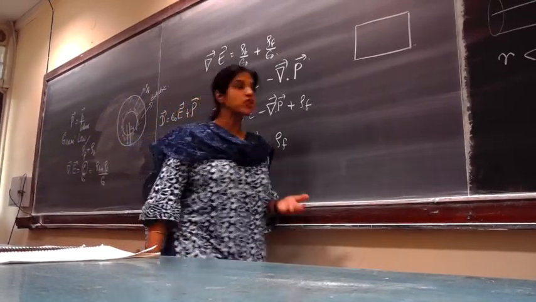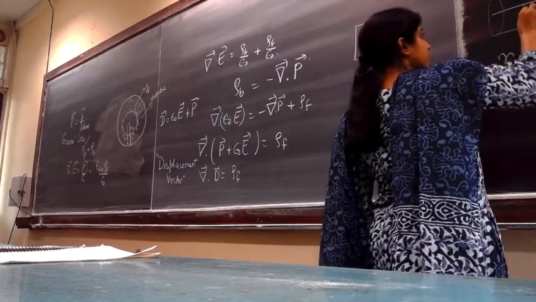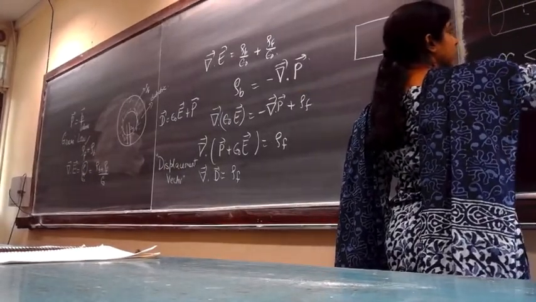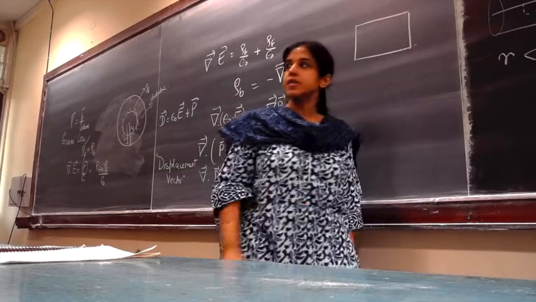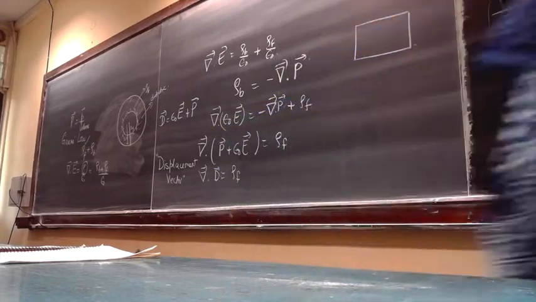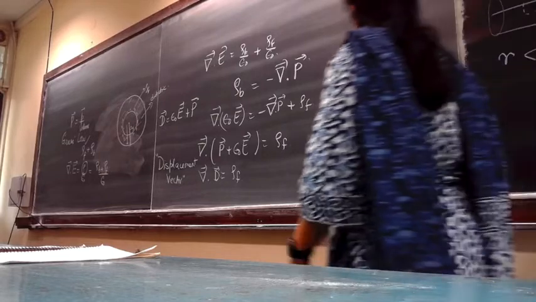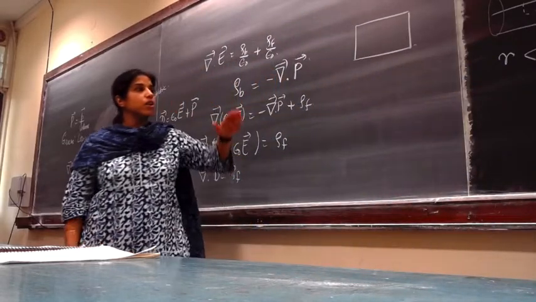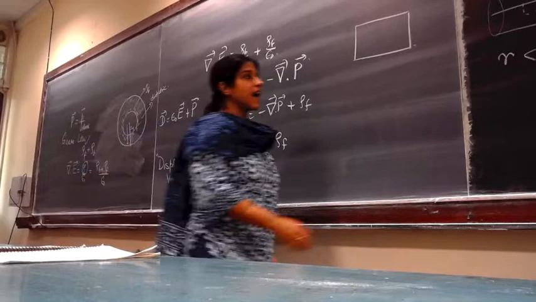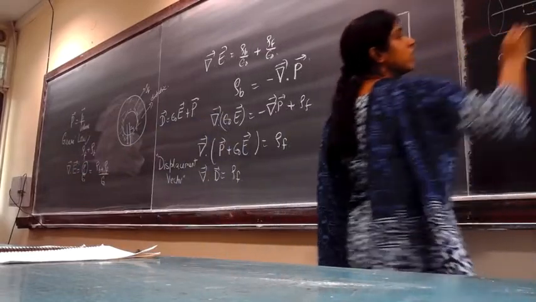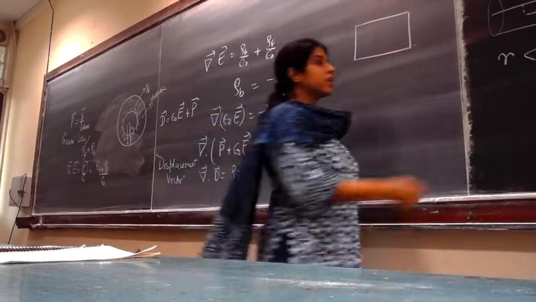The natural choice of Gaussian surface is a cylinder.